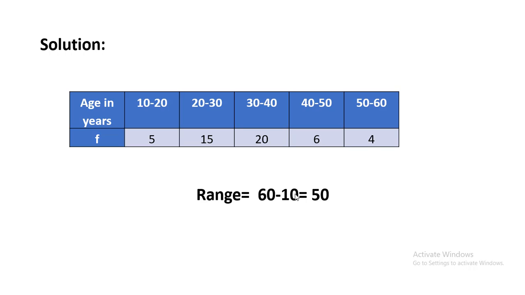We have also done it in organization of data. When we were organizing the data, we specifically needed to know what exactly the range is, and then we proceeded with the height. So range is important. It is one of the most important measures of dispersion, but when we are doing organization of data, we need to know the range so that we can easily divide the data into classes and know what the height of that particular class is.